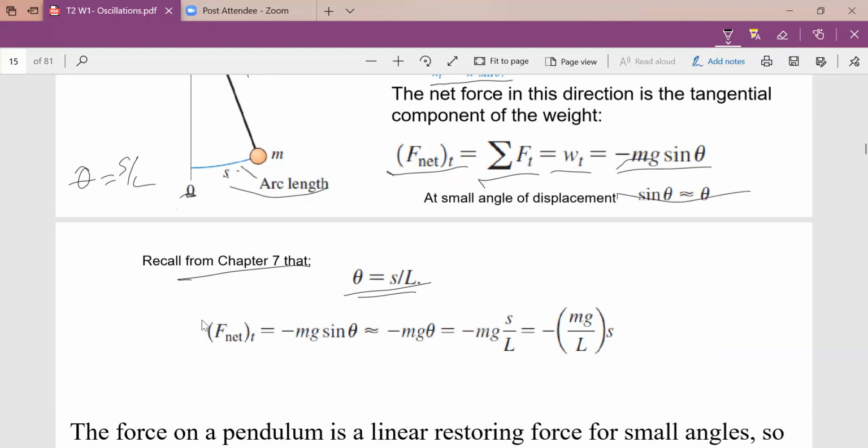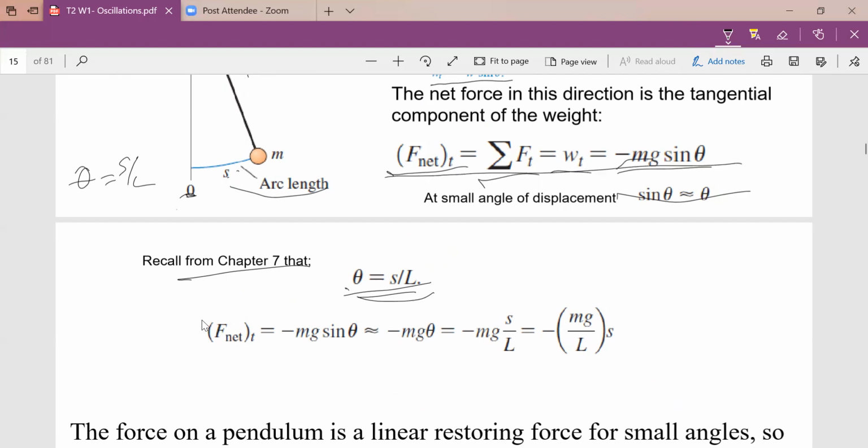When we have small angle displacement, sine theta is approximately equal to theta. That means the displacement is described by theta, not amplitude right now. Remember, in our circular motion, we use theta to describe the displacement. Good. This understanding of displacement will modify our equation for net force.